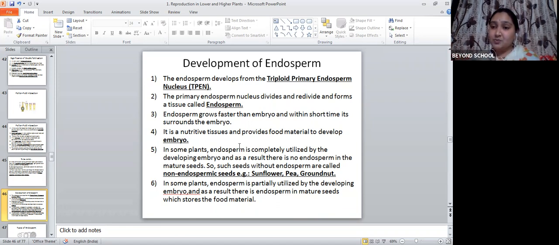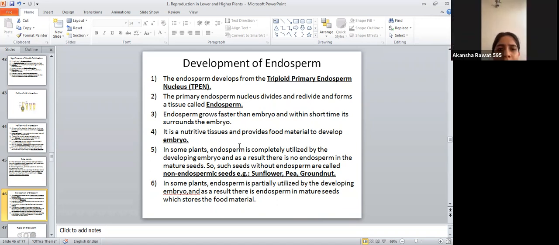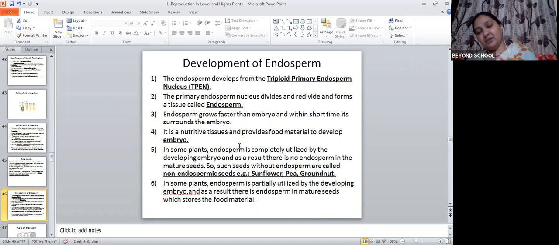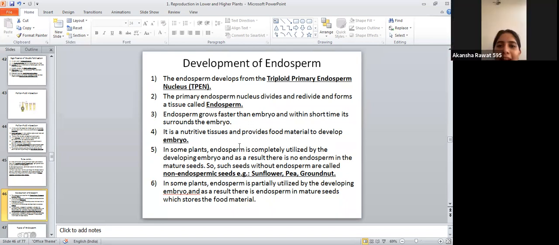It results in endosperm in the mature seed, because some of the endosperm has been utilized, but a certain part of the endosperm is still remaining, and the seed has matured. So the seed uses whichever endosperm part is remaining. The seed says, okay, this endosperm is left over, it is giving me nourishment, so I will store it somewhere as a food material.